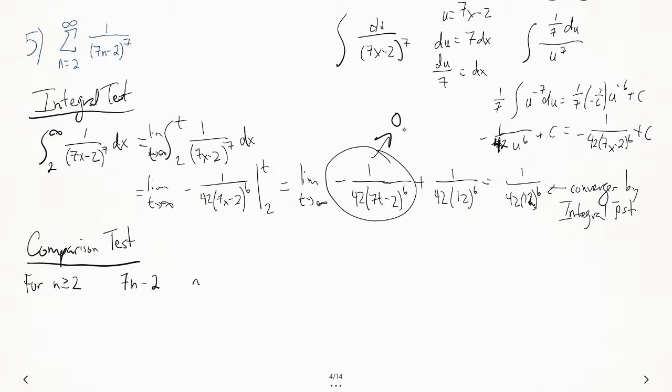For n equal 2, you can see that the left hand side is 12 and the other side is just 2. Then when you go n equal 3, you're just getting larger and larger by the multiple, so this is obviously larger. Since we're also bigger than 1 for n greater than or equal to 2, 7n minus 2 raised to the 6th power is going to be greater than or equal to n to the 6th. Oops, I'm sorry, not to the 6th. Let's go to the 7th.